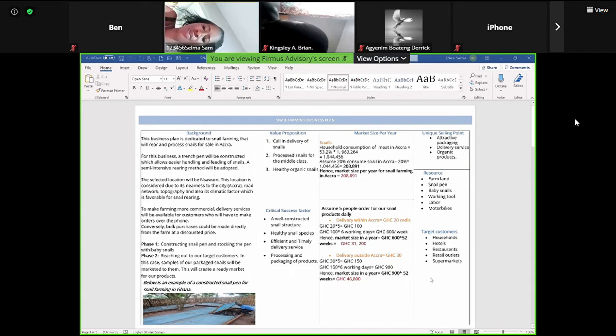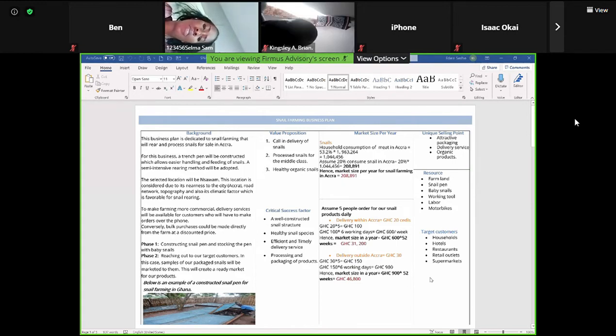Now, in doing this, I'm asking, okay, what is the market size of snails? I did a quick research and found out that household consumption of meat in Ghana is about, let's say, 1.1 million and whatever in Accra.